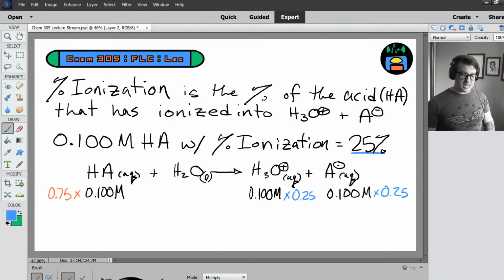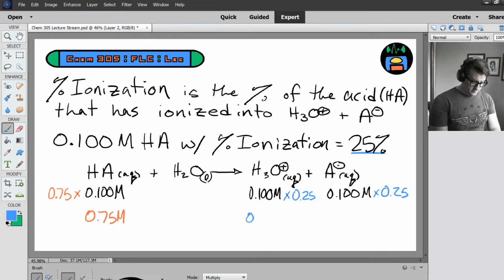So that percent ionization tells you that at equilibrium, we'll have a concentration of 0.075 molar for HA, and that our concentration of hydronium is 0.025, and the concentration of A minus is also 0.025.